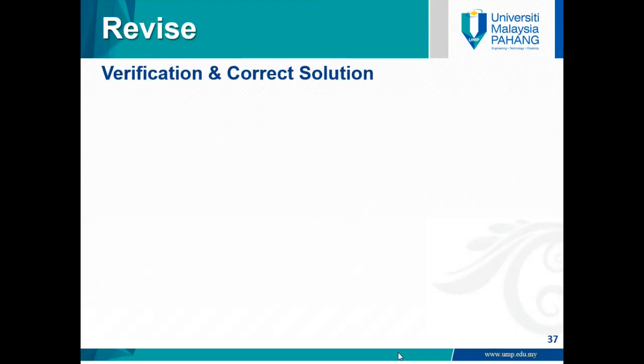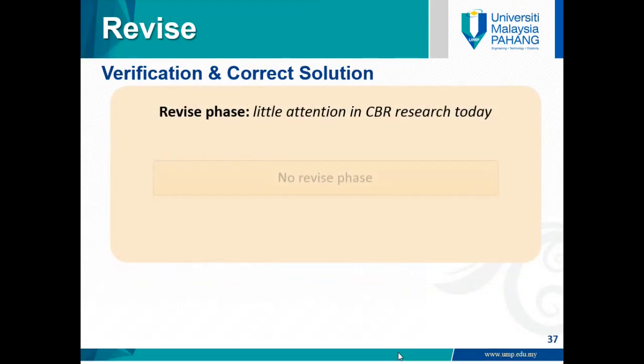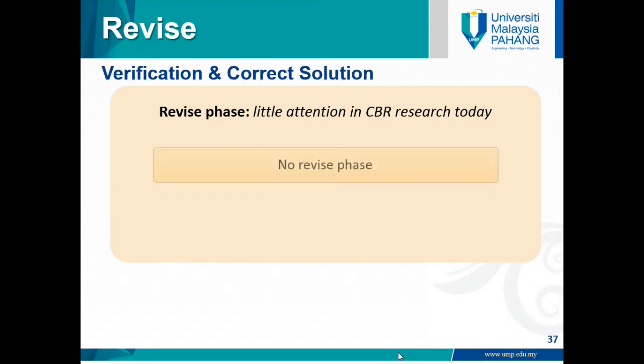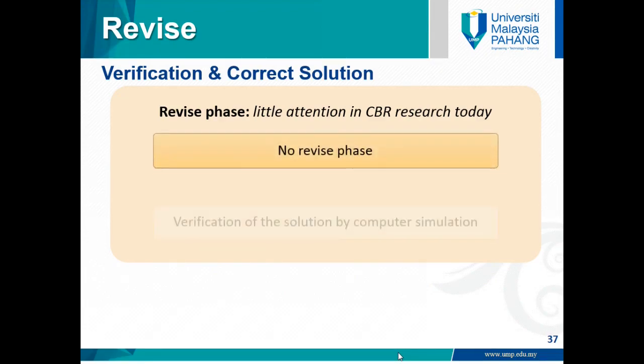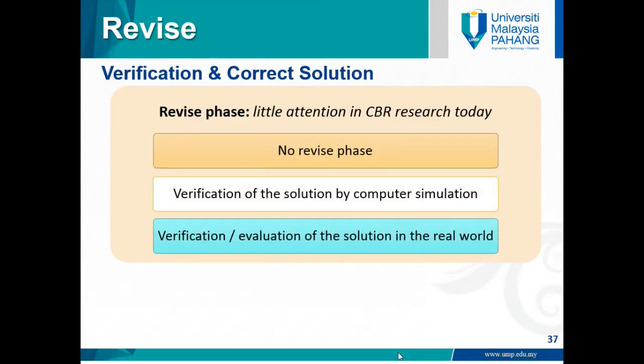So we are making sure and verifying that this proposed solution is correct. In the revise phase, there might be no revision for the proposed solution, and we also verify or evaluate the solution by using computer simulations or by implementing these proposed solutions in the real world.